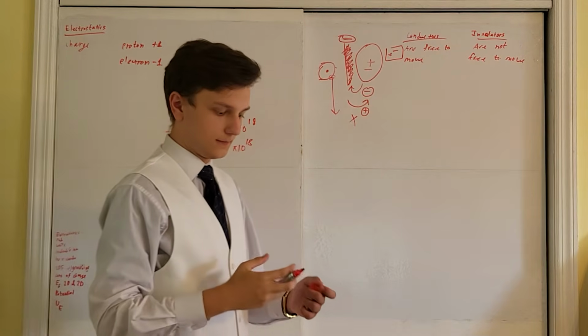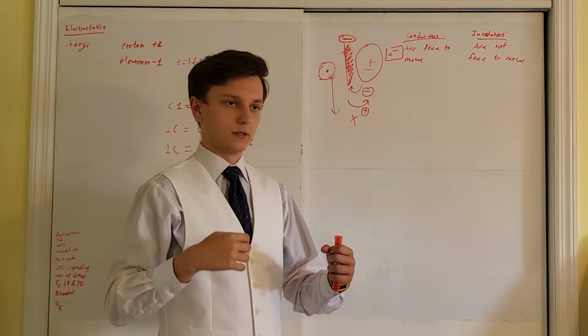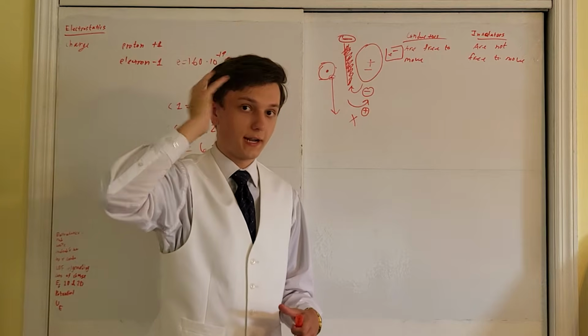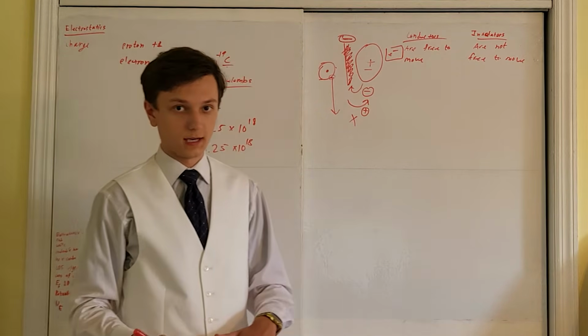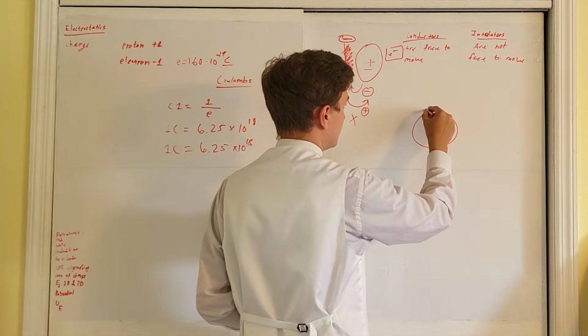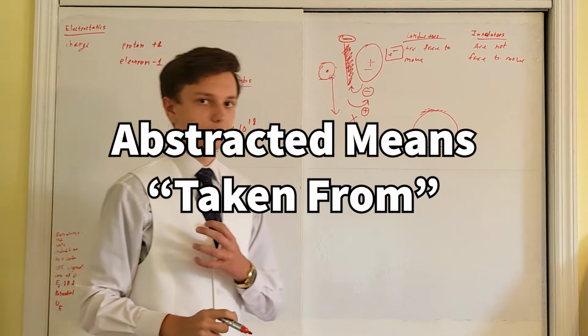In an insulator, you would need to apply a pretty significant force, like you do when you rub the balloon against your hair, in order to get electrons to move from one surface to the other, okay? And if we zoom in on the balloon, only the electrons from the surface of the balloon can be abstracted from the balloon.